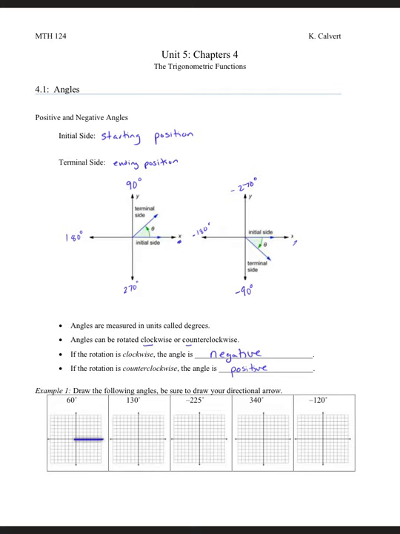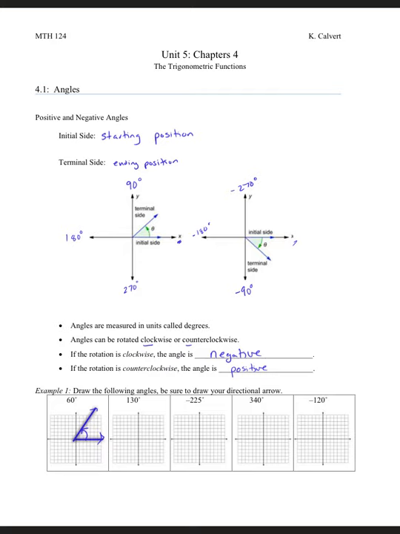We're just going to give an approximate location. So we know that 60 degrees is a little more than half, so we're going to say someplace right in there. And then we're going to draw our arrowheads on the ends. And then we want to include the directional arrow. Since this is a positive 60, we know that this angle is going up. And that's what we would have for the first one.